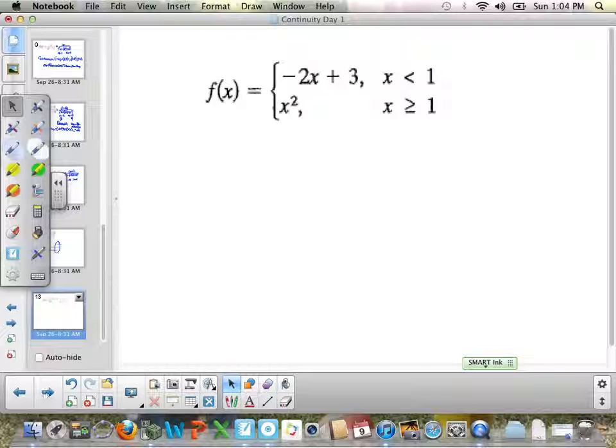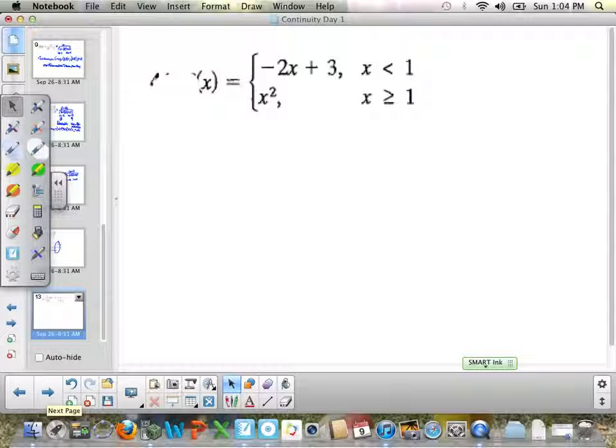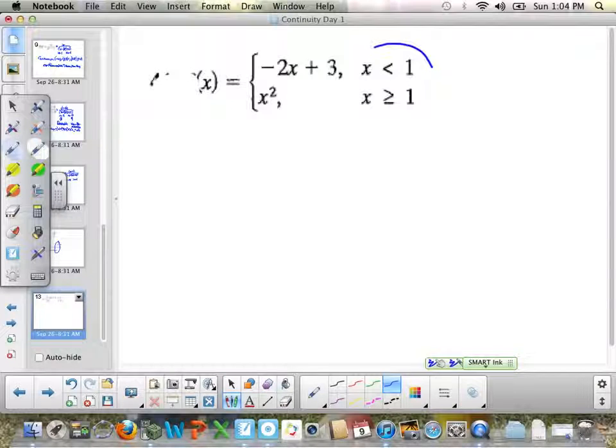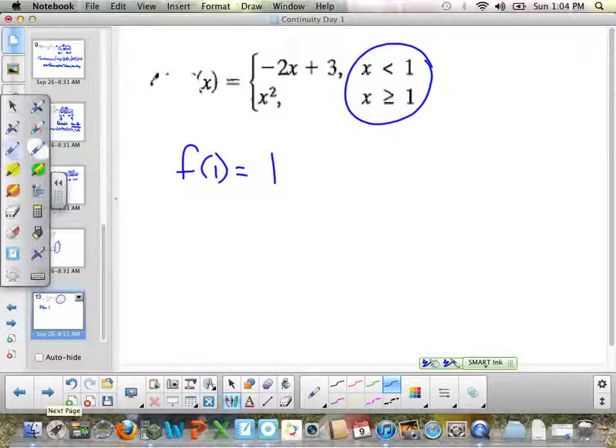And the last problem I'm going to go through today, we have a piecewise function. The candidate for discontinuity is right here at this point. So we need to look at the 3-point criteria. First, does the function exist? Well, f of 1 equals, if I stick 1 into the function, I get 1.